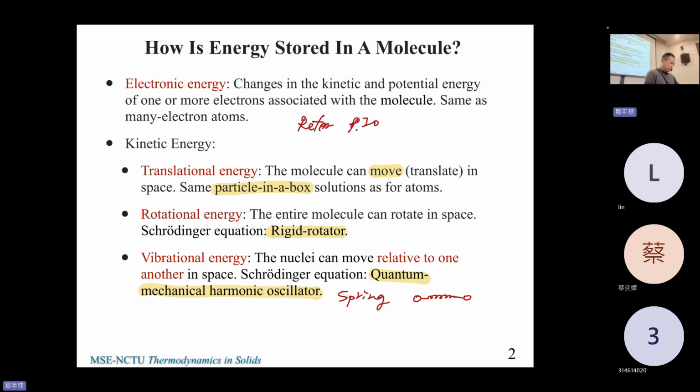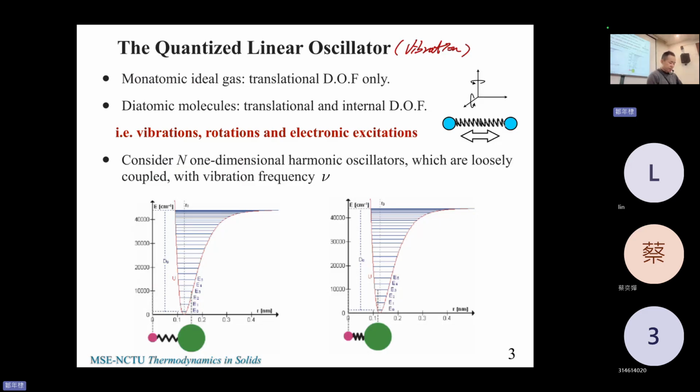All right, so another quick review for vibrational energy. We regard the vibration as an oscillator. An oscillator is a spring with two atoms, shaking, vibrating. If you have higher energy, you vibrate quicker, which means you have higher vibrational frequency, nu.